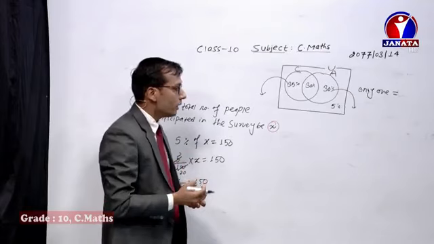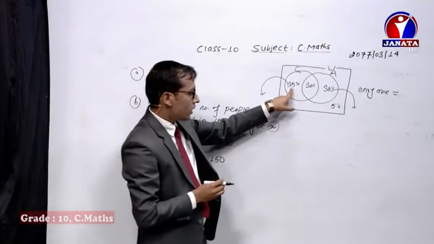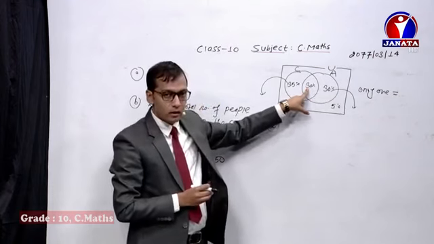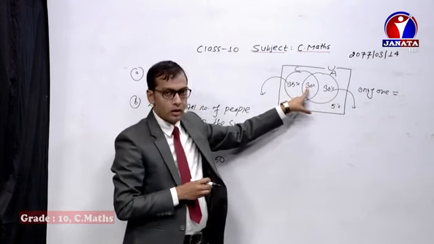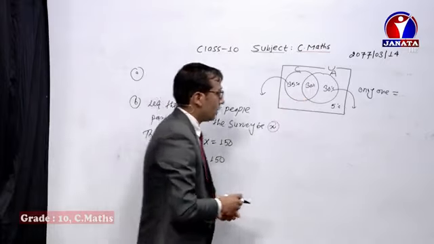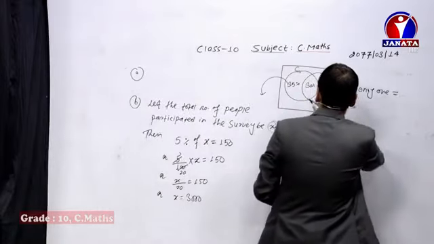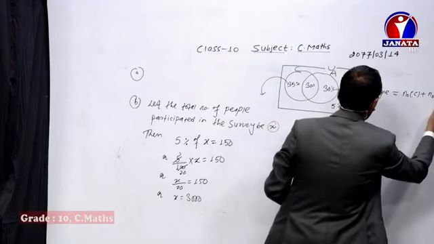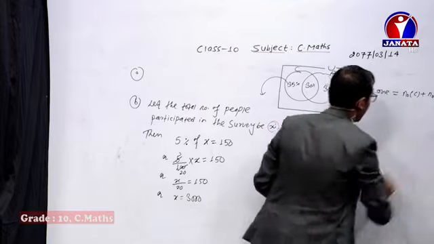There are two possibilities, either only C or only A, but we cannot add the 30% intersection, because 30% of them like both types of movies. So this is only C plus only A.